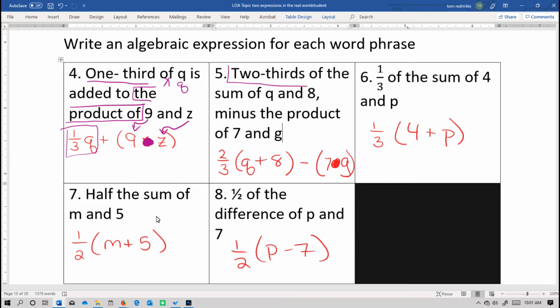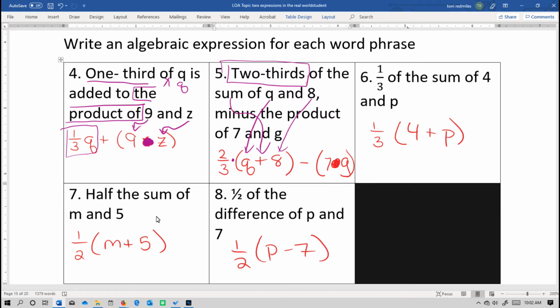2/3 is a fraction. Of means it's multiplied. I can write things right beside each other because of that parenthesis, and that also means multiplication is going on right here. So I could put a dot if I just wanted another way, but those parentheses also mean multiplication. The sum of is parentheses, and I put my Q and my 8 inside the parentheses, and sum means adding.